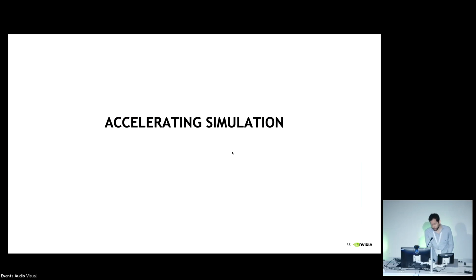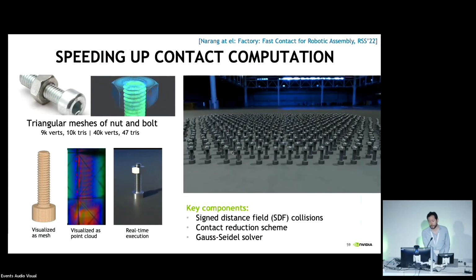The second one is accelerating simulation. And you might have seen this earlier in the year in RSS, the work done by Yash and colleagues on Factory. The idea here is, well, we want to simulate problems with a large number of contacts going on between a nut and a bolt.